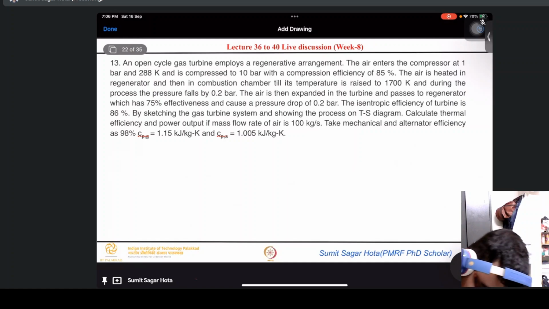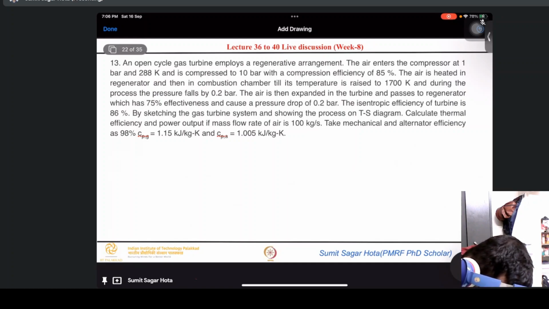till its temperature is raised to 1700 Kelvin, and during the process the pressure falls by 0.2 bar. The air is then expanded in the turbine and passes to the regenerator, which has 75% effectiveness and causes a pressure drop of 0.2 bar. The isentropic efficiency of the turbine is 86%.